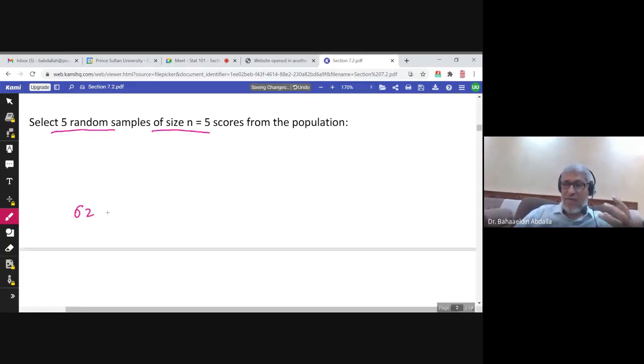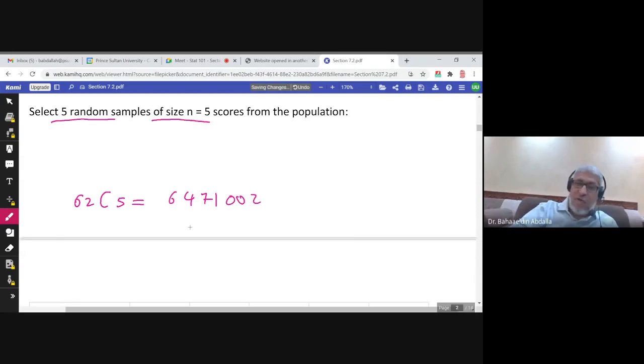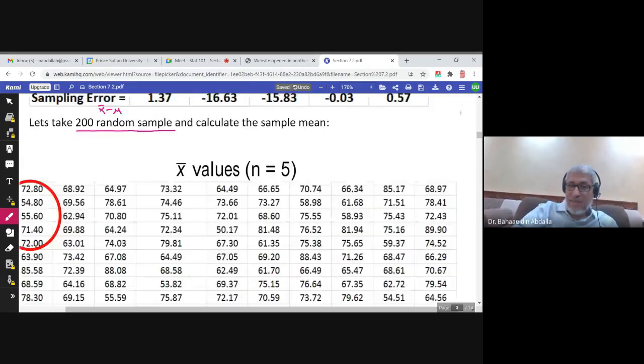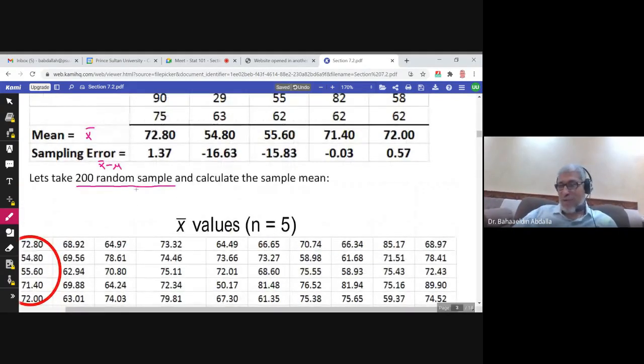To select 5 from 62, you can use this definition, 62C5 combination. If you use the calculator, it's really a huge number. 62C5 is 6 million, 471,002. Imagine. So selecting 200 is a very small number.